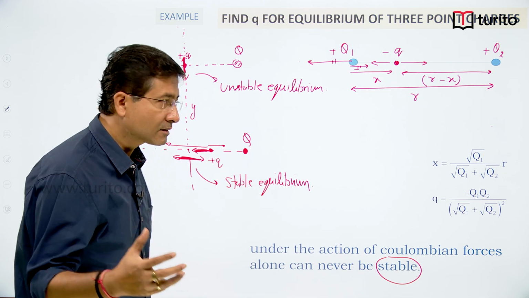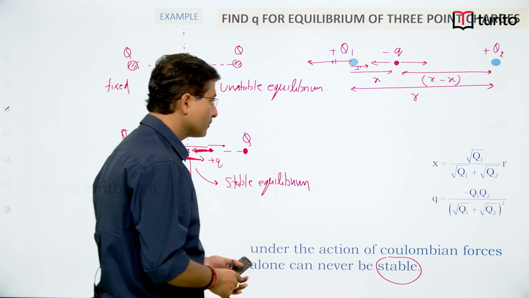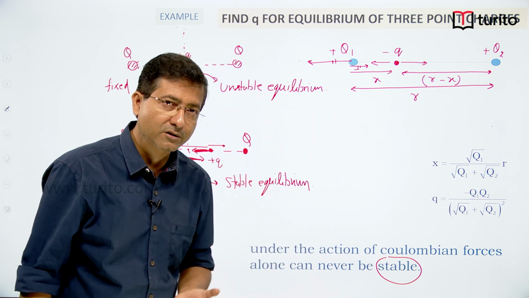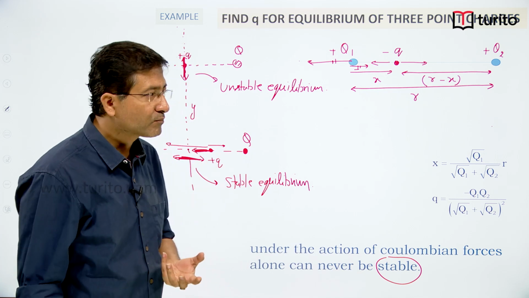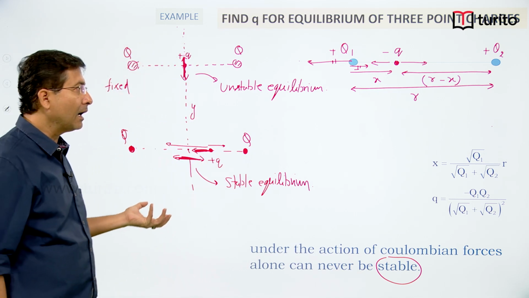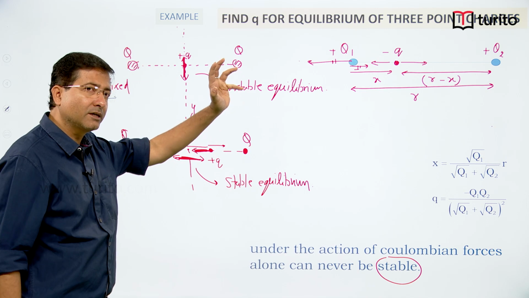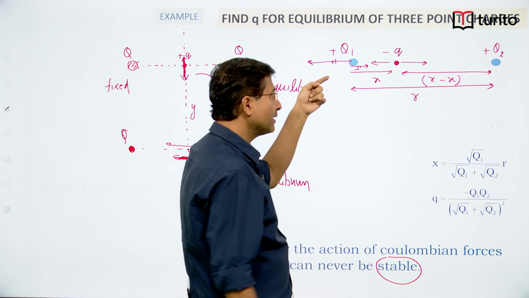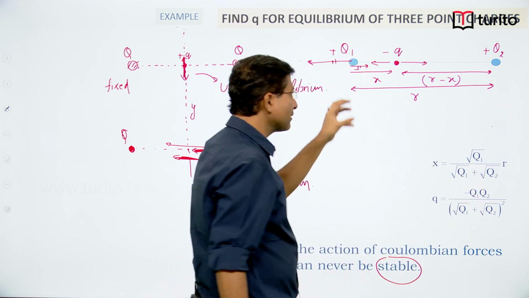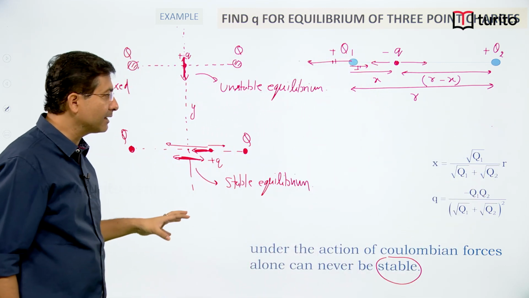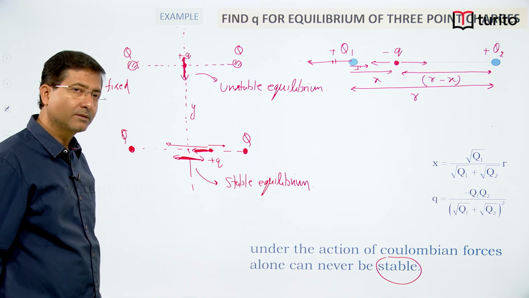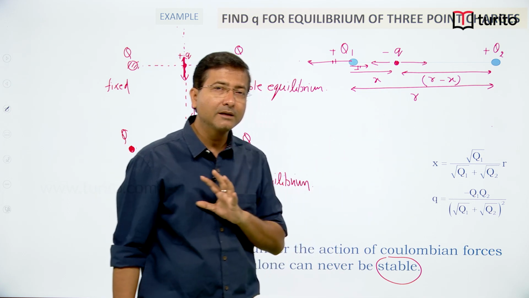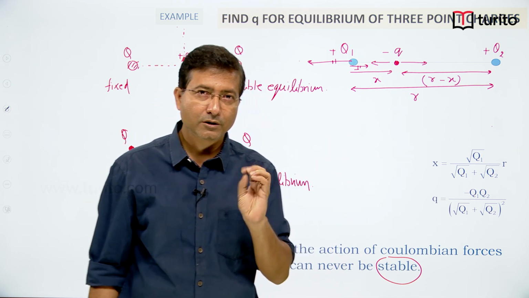So our system is an unstable system. If there are some other type of forces like gravitational force or some external force, then under the action of all the forces the system can be in equilibrium. I may have force here and I am displacing the particle, then I might be getting stable equilibrium, right. But if only Coulombian forces are acting, then system cannot be in stable equilibrium. This point is clear.